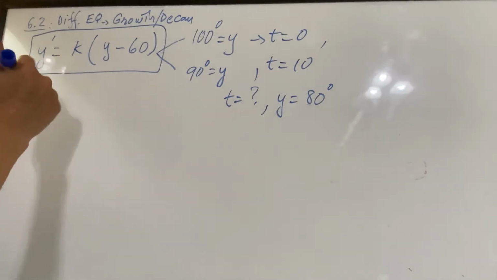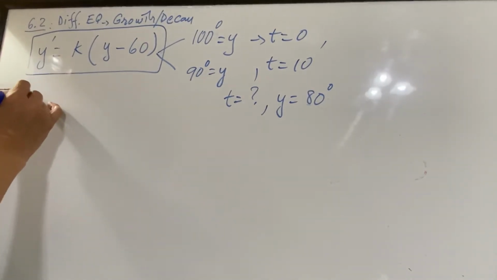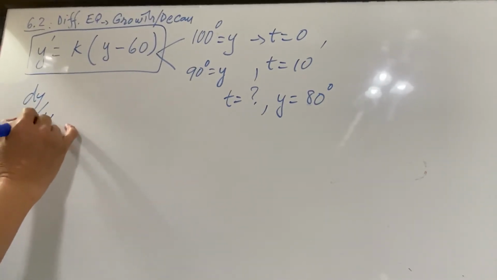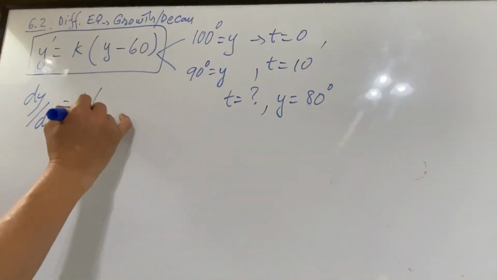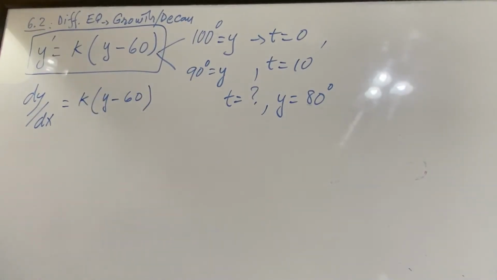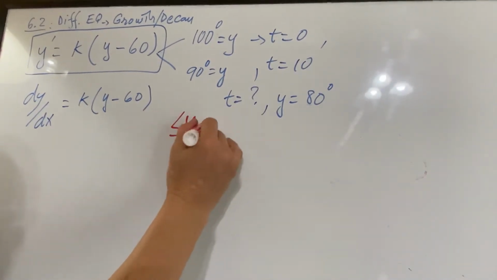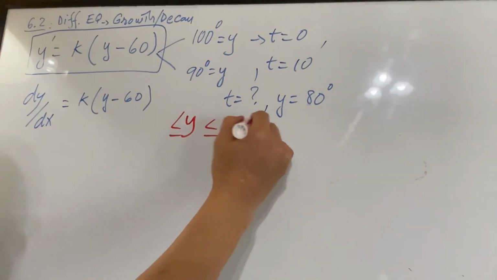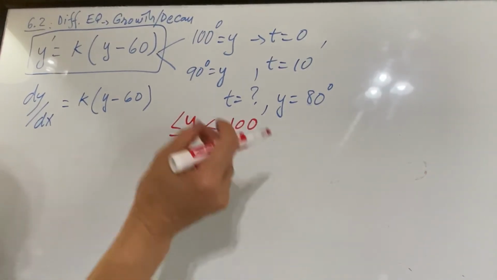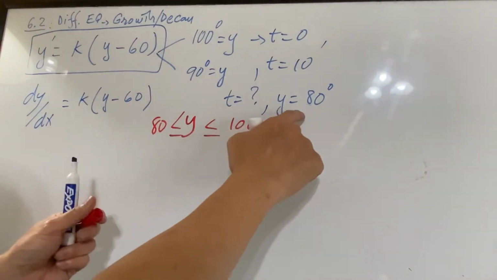I am now using the concept of derivative, which is dy over dx equals k times (y minus 60). Okay, all right. It is important to set the condition. Of course, the object itself will be in between, starting from 100 degrees heated and put down in the room, and not go lower than 80 because you want to measure at that point.